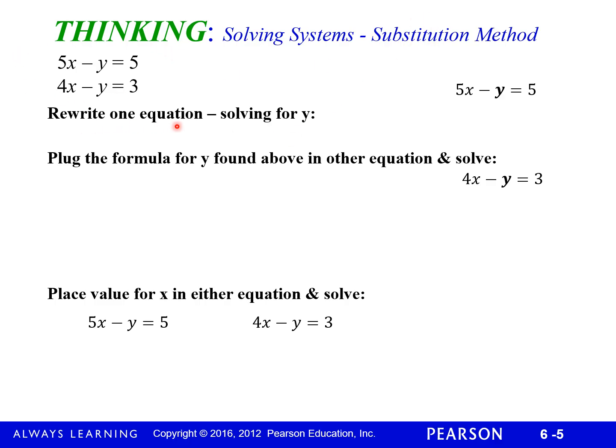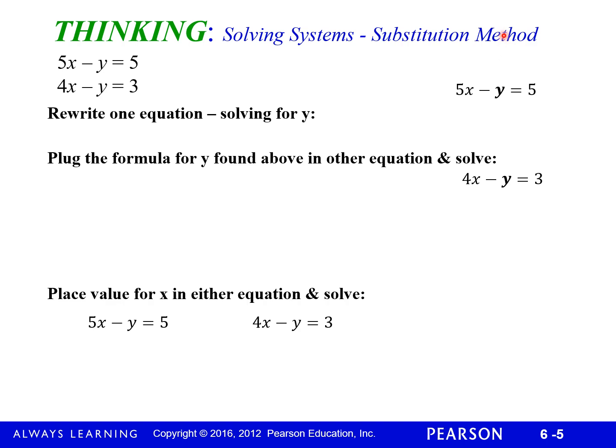The first thing you need to do is rewrite one equation, solving for y. That means I want y on one side by itself, and everything else on the other side.